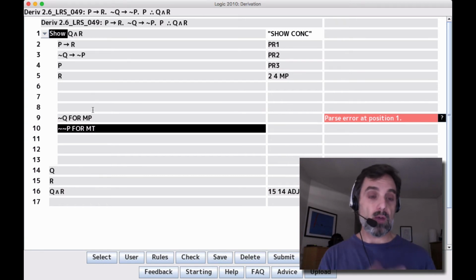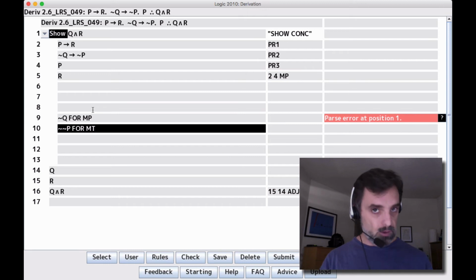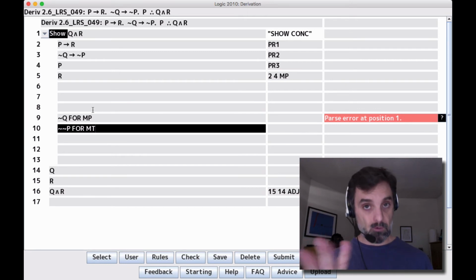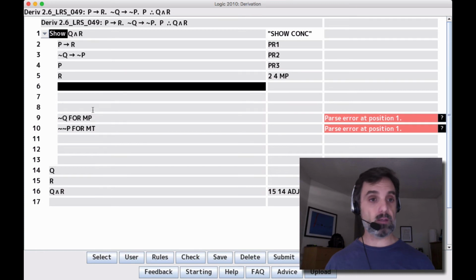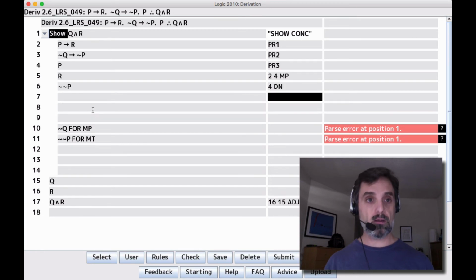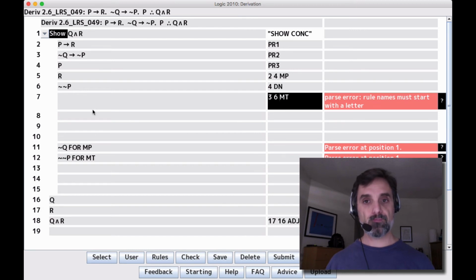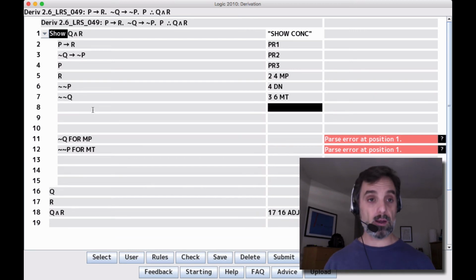Then I ask myself, do I have either of those? No, we don't have either. Next question, can we get either of those? Can we get not Q? Doesn't look like it. Can we get not P? Yes, with line 4, we can get not P because we can apply double negation. So we can say 4 DN, and now we can combine 3 and 6 for modus tollens, and we get not Q.